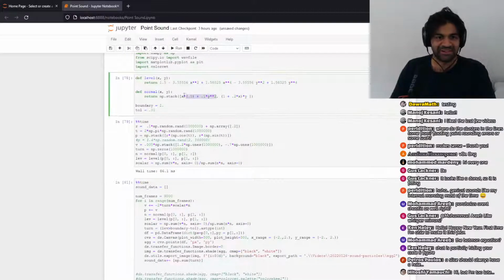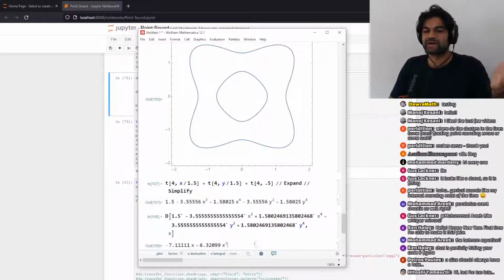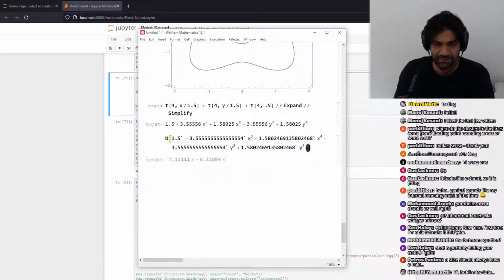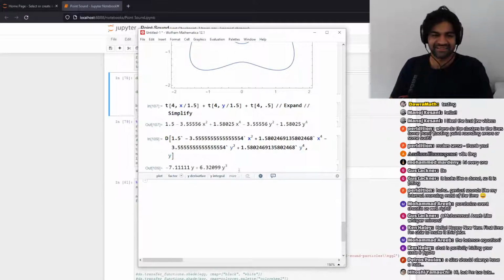It's going to be a miracle if and when this works. So this is to the third power. And then I differentiate it with respect to y, and I copy that in. Curiously similar.